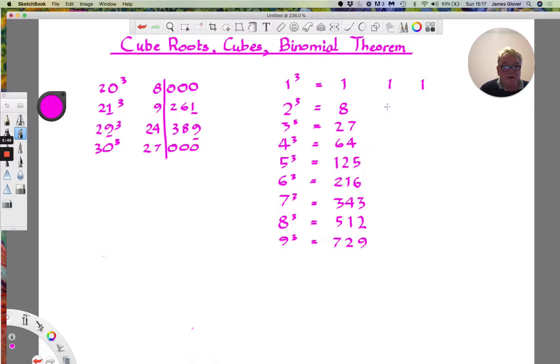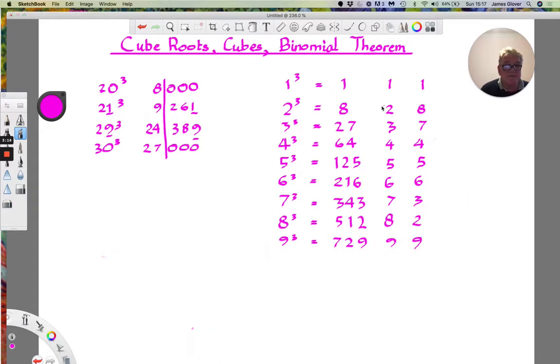If a number ends in 2, its cube will end in 8, and 3, the cube will end in 7, 4 and 4, 5 goes with 5, 6 goes with 6. If a number ends in 7, its cube ends in 3, and a number ending in 8, its cube ends in 2, and 9 goes with 9.